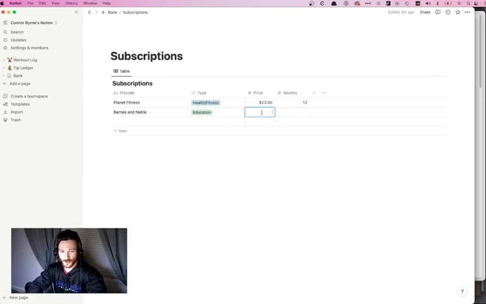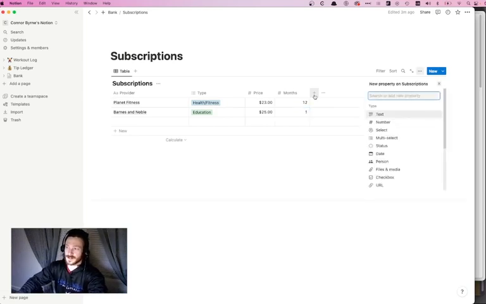I spend $25 each year, so that'd be every 1 month, and here's why. I'm going to create a formula that gives us our calculation. First of all, we want to look at the yearly cost. So that's a simple properties formula.